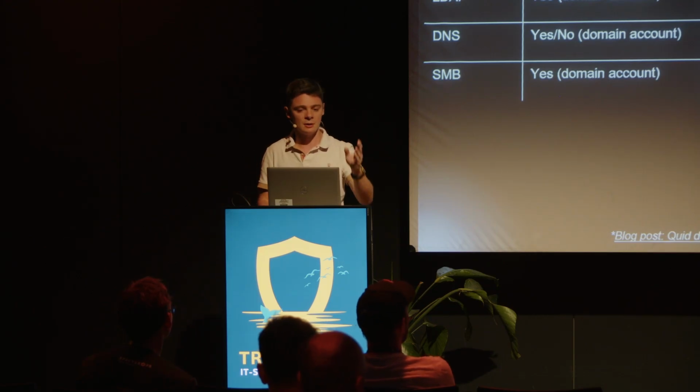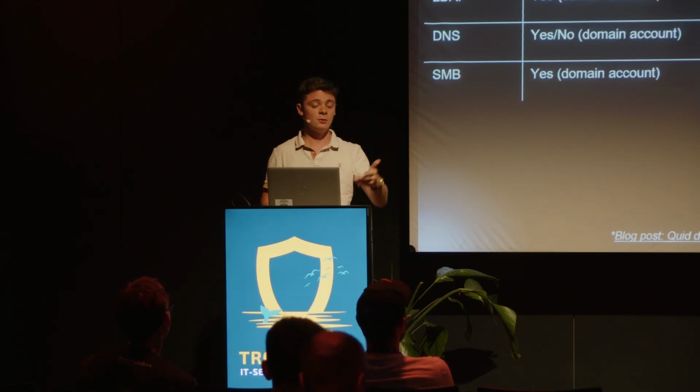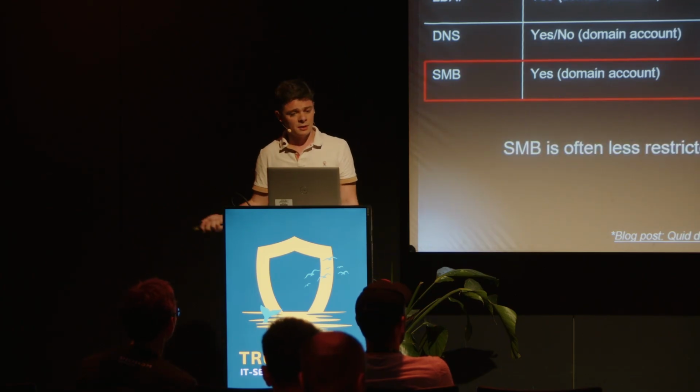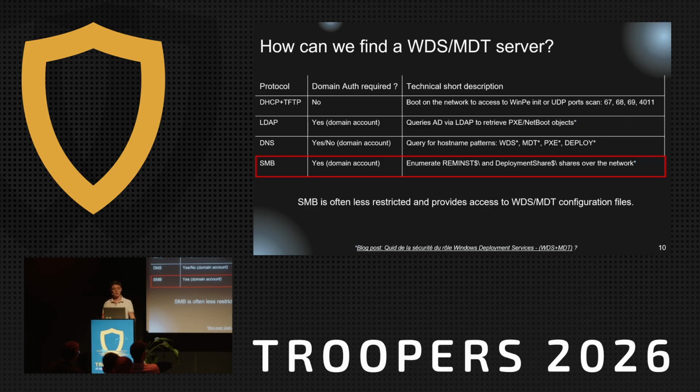You just query for hostnames to search for the WDS, MDT, etc. pattern. And finally, you can use the SMB protocol, which requires a domain account, to enumerate two shares: RemoteInstall for WDS and deployment shares with a dollar sign for MDT. So SMB is often less restricted on internal networks, and in this case, provides access to WDS and MDT configuration files.